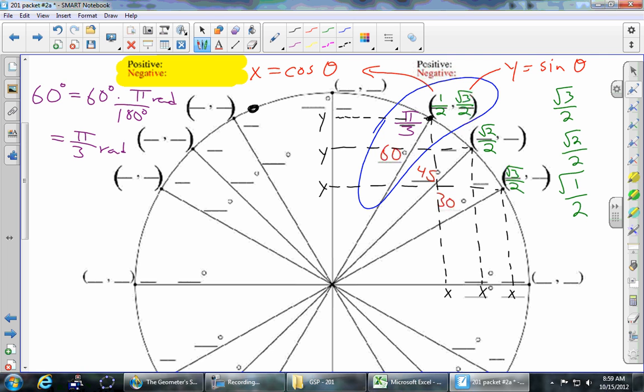Is it the x for this point or is it the y for this point? The y is positive because we're up above. And the x is a negative number because we went to the left. Okay, so if the y is positive, that means the sine is positive, and the x, that's the cosine, is negative. So cosine is negative. And that's true for any angle that you pick in the second quadrant. The sine of all those angles is positive, and the cosine of all those angles is negative.